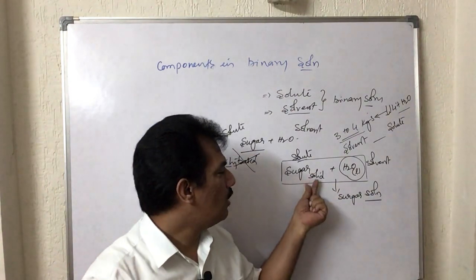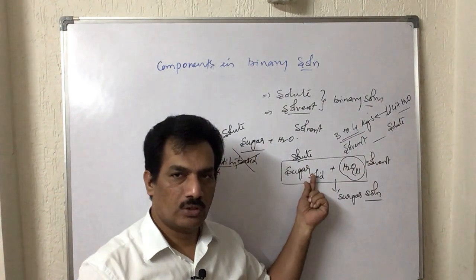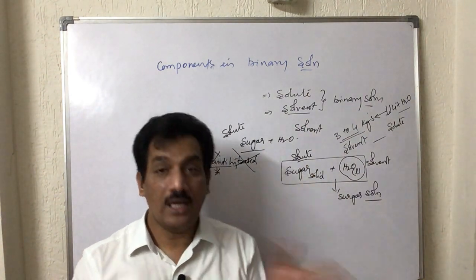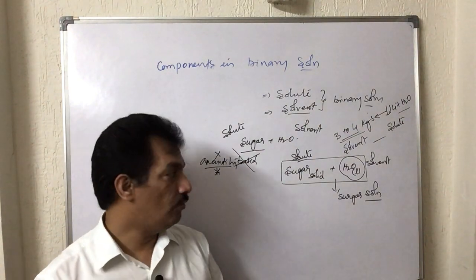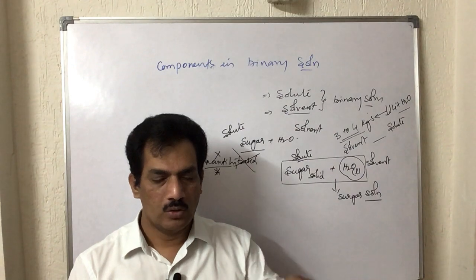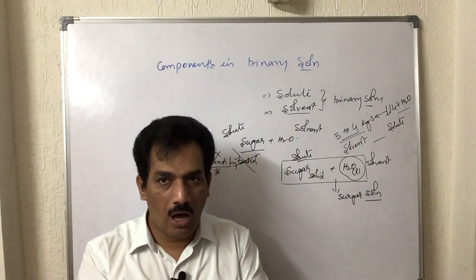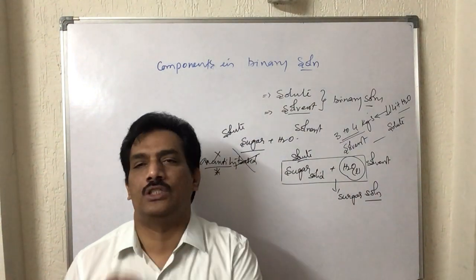Here we can define solute and solvent in a different manner. The component which loses its phase is solute, and the component which retains its phase is solvent, is it not? One more definition: solute is the substance which dissolves, and solvent is the substance in which solute is dissolved.